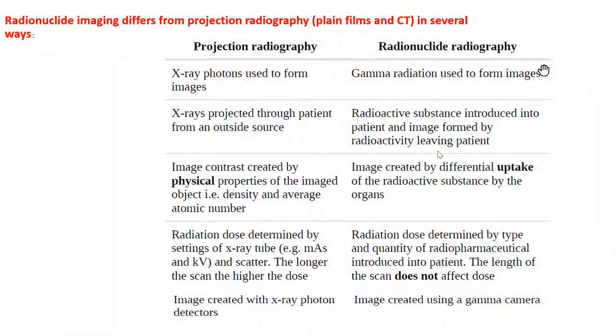In radioisotope imaging, you introduce a radioactive substance, and this radioactive substance has its own specific properties. For example, you might hear someone say, I use technetium. The patient might undergo treatment or diagnosis for the thyroid gland, so they use iodine, which is another radioactive substance with different properties.